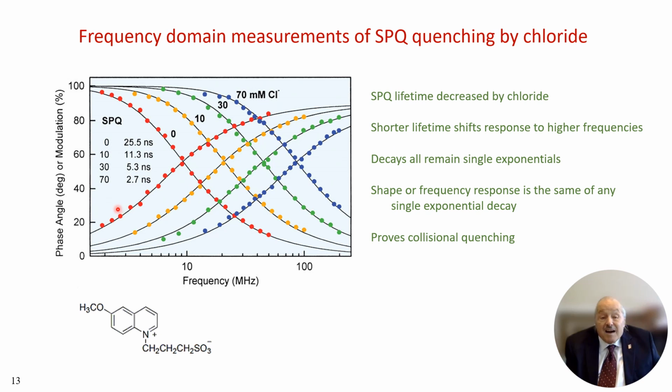But at higher chloride concentrations, we're down to an order of magnitude less, 2.7 nanoseconds. And you'll notice all the decays remain single exponentials. They just shift along the frequency domain.